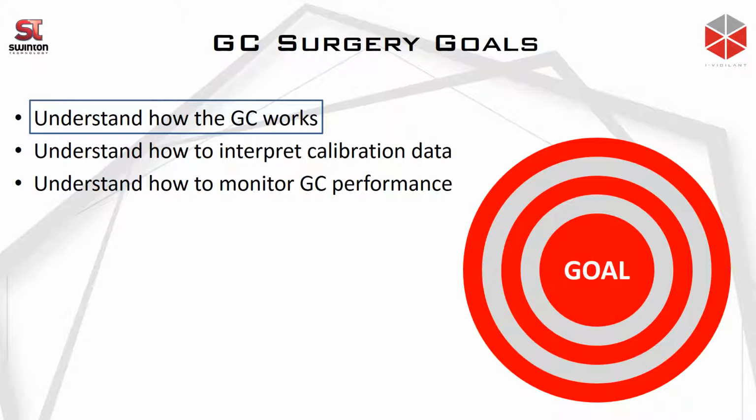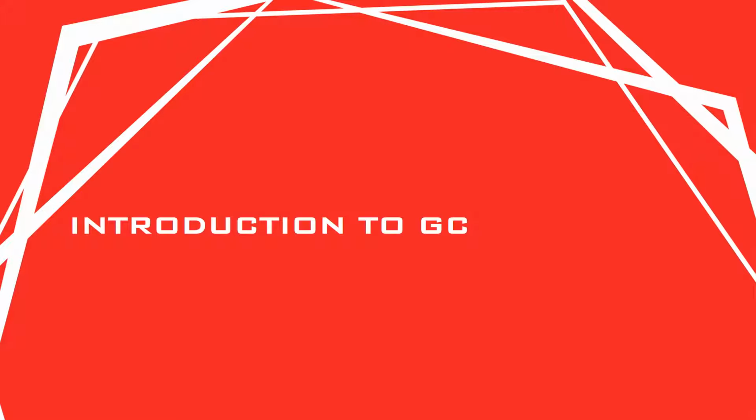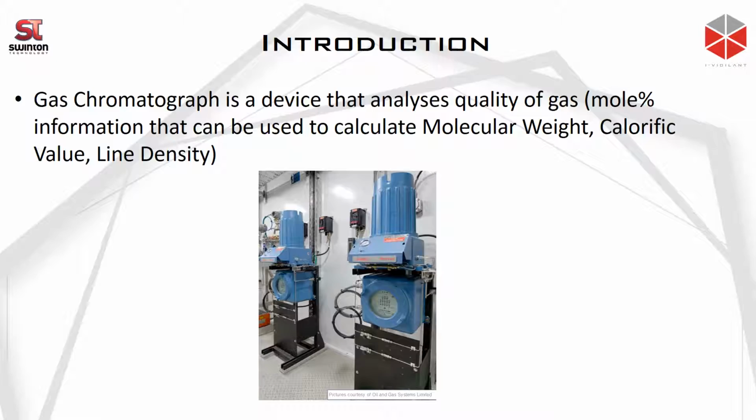What we're going to do today is talk about how to understand the work of the GC itself, and this is going to be covered in this first session of the surgery. First of all, we're going to talk a little bit about the introduction to the GC. It's very basic stuff.